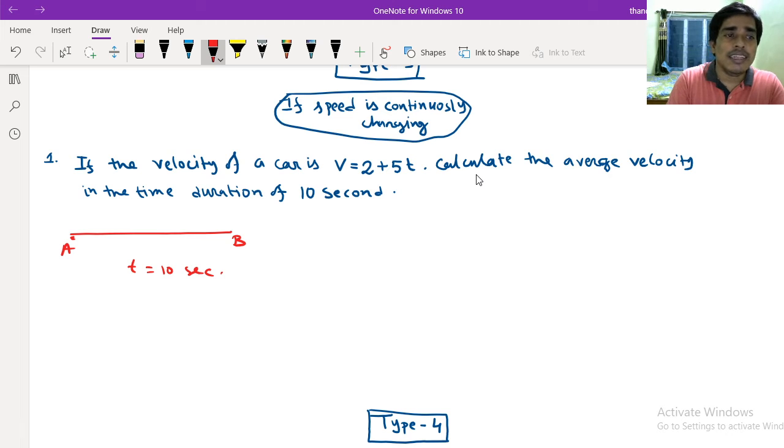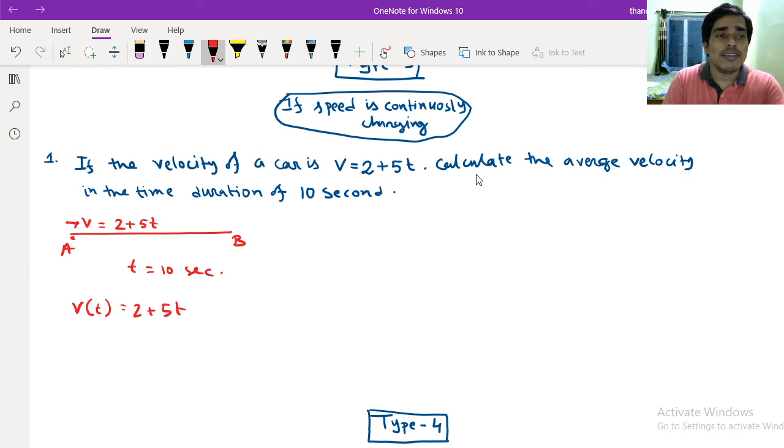So v depends on time, that means it is changing constantly with time. Suppose v is a function of time, v equals 2 plus 5t.